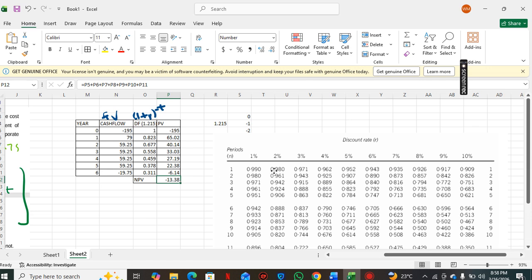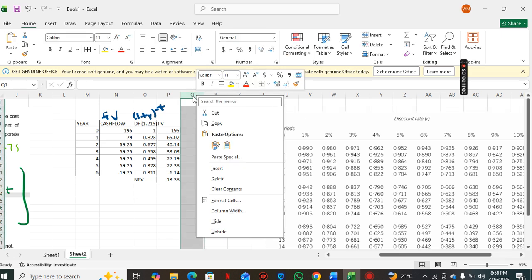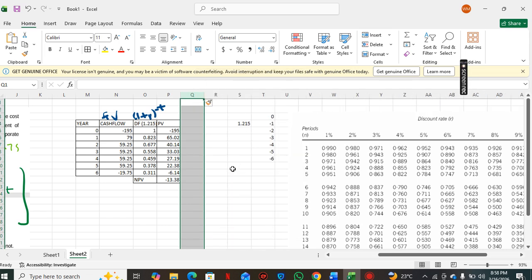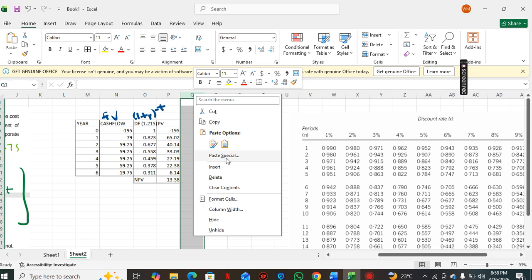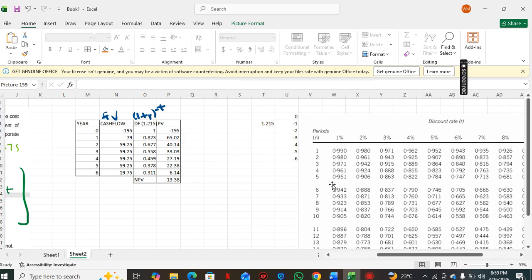In the exam, because there is no time for trial and error, you don't want to be just trying different discount factors and finding you're still getting a negative one. So I always advise be extravagant in the exam. In this case, we'll just go straight to a discount rate of 1%.